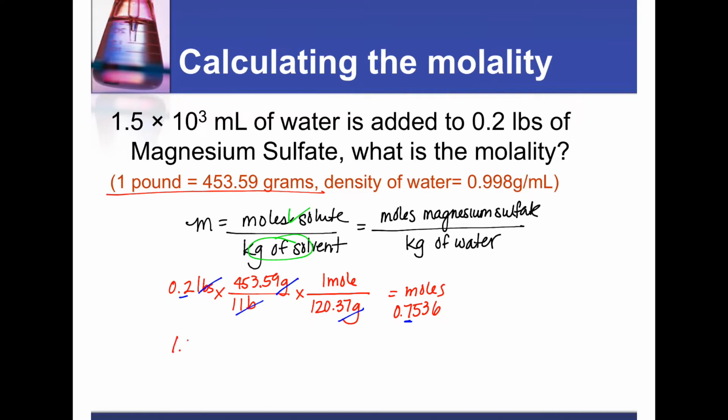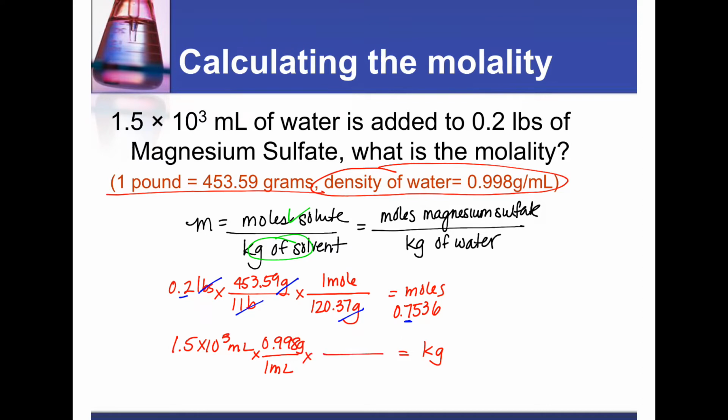And so there's 1.5 times 10 to the 3 milliliters, and I need to get to kilograms. I need to get to a mass. The problem told me that the density of water is this. So 1 milliliter is 0.998 grams. And I can get from grams to kilograms. It's 1,000 grams in 1 kilogram.